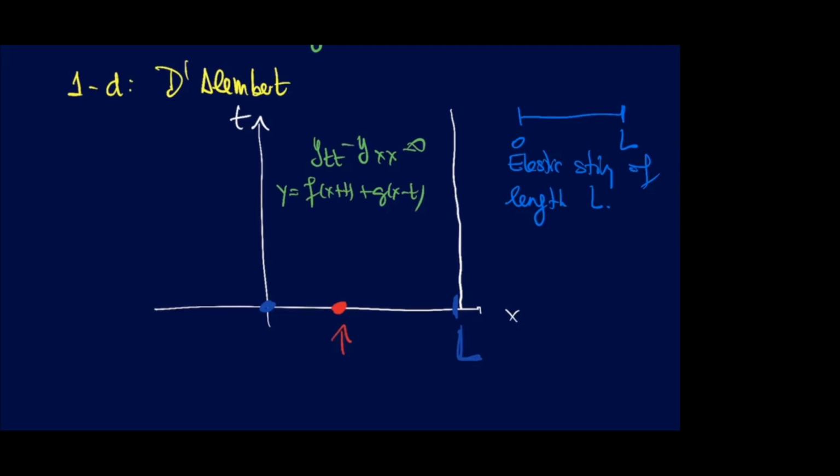Then this produces a signal that propagates to the right. This signal can also generate a wave traveling to the left. But each of these signals bounces back again.